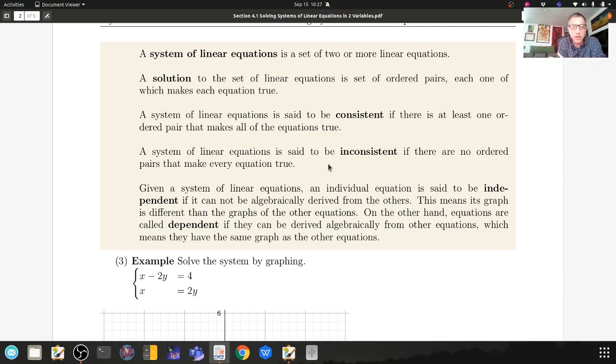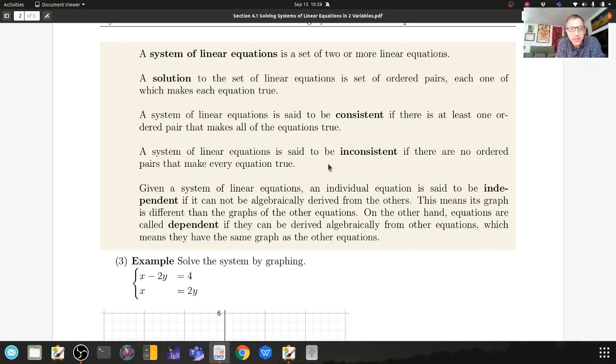I don't really know why not, because it's a good way to remind yourself that a set of ordered pairs is a relation. But that's not the point here. The point is to understand what a solution is. You have a set of ordered pairs. Each ordered pair is a solution to both or all of the equations in the system.